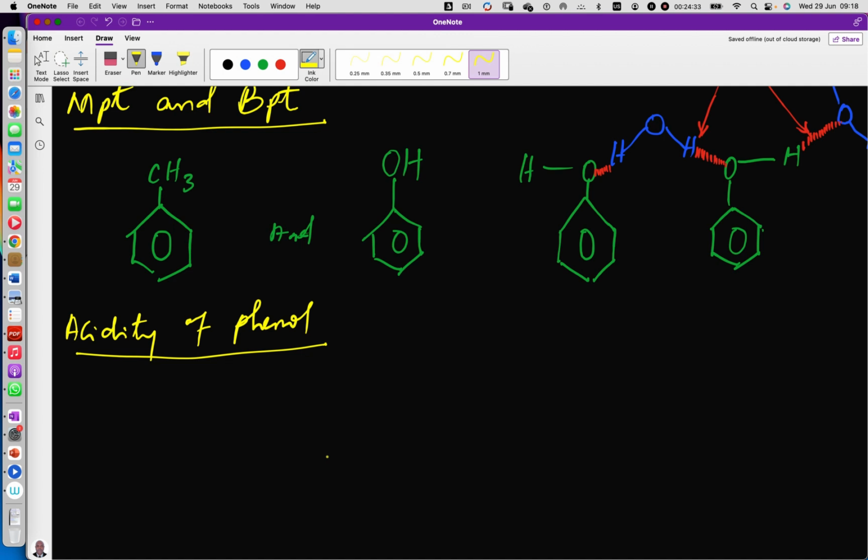You will see that when it donates electrons into the ring, it activates the ring. The high density of negative charge on the oxygen goes down into the ring.